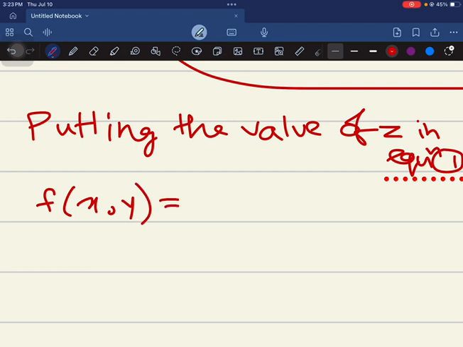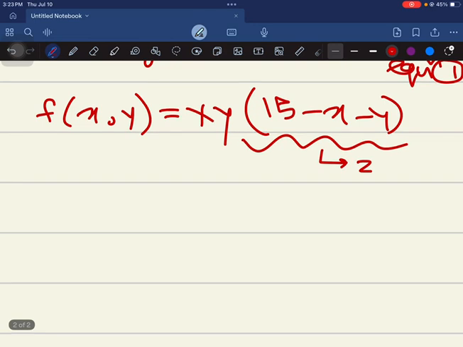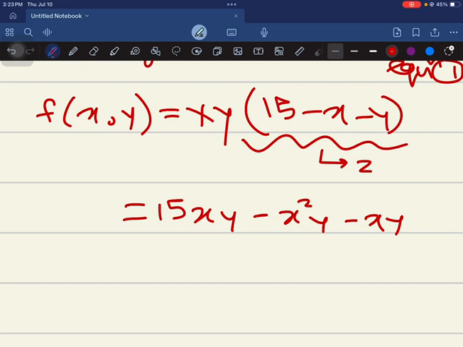So f(x, y) is equal to xy(15 minus x minus y). Now we will simplify this. It will be 15xy minus x square y minus x y square. So this is the function f in terms of x and y.